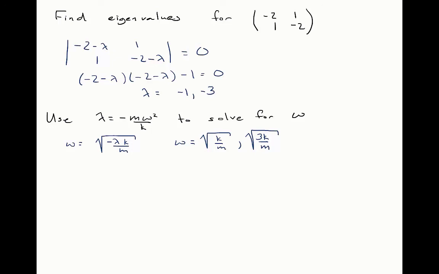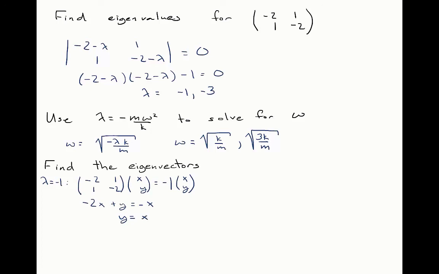But before we do that, I want you to find the eigenvectors. So when you're finding the eigenvectors, remember minus 1 and minus 3 are your eigenvalues, not the frequencies themselves. Alright, pause the video and work it out. Alright, so for lambda equals minus 1, we get that y equals x.